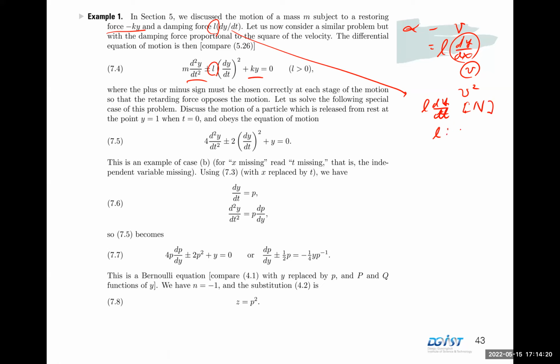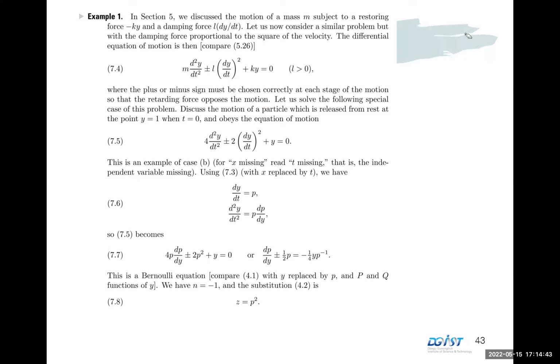So in this case, the dimension of L must be Newton divided by velocity. But in this problem, the dimension of L is Newton divided by v square. Okay, that's the first thing you have to remember. So even though we express both by the same letter L, the physical meanings of the two L are totally different.